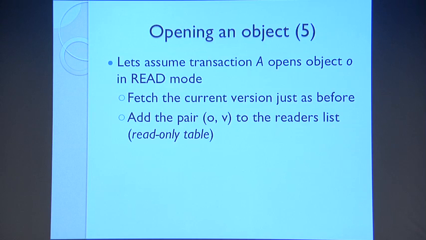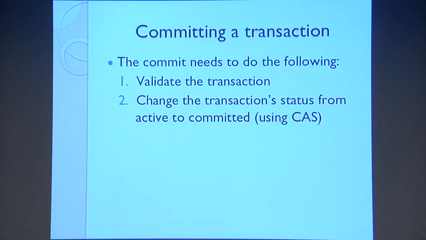And it adds the pair O and V, the object's locator and its version, to something called a readers list. So this is a pair: transaction and readers list. And it just reads from it, so there's no contention on that. Whenever you commit a transaction, you first validate the transaction, and I'll explain what validating a transaction is.